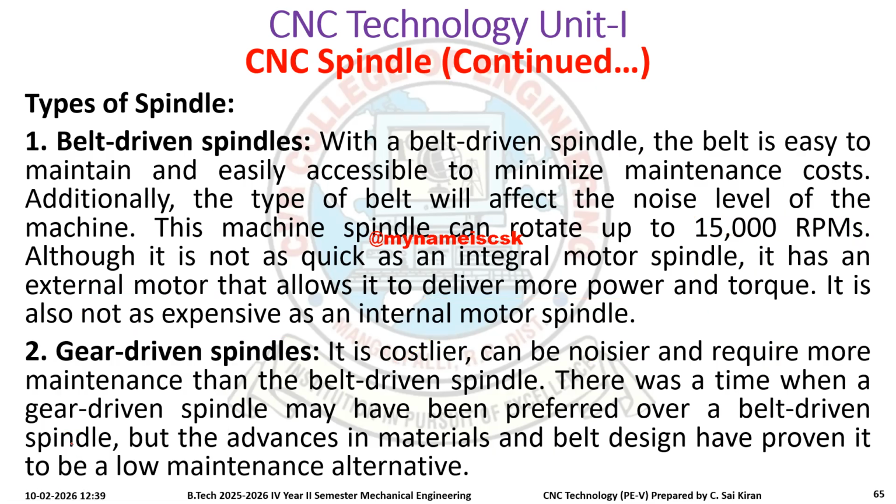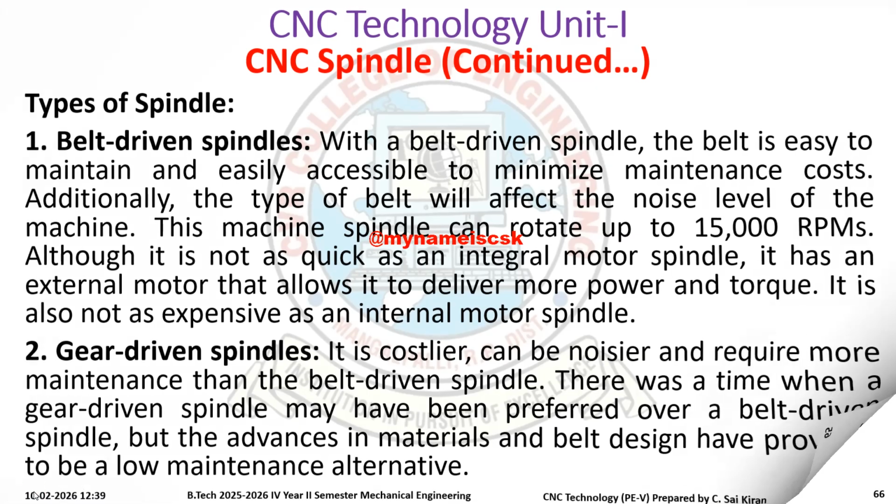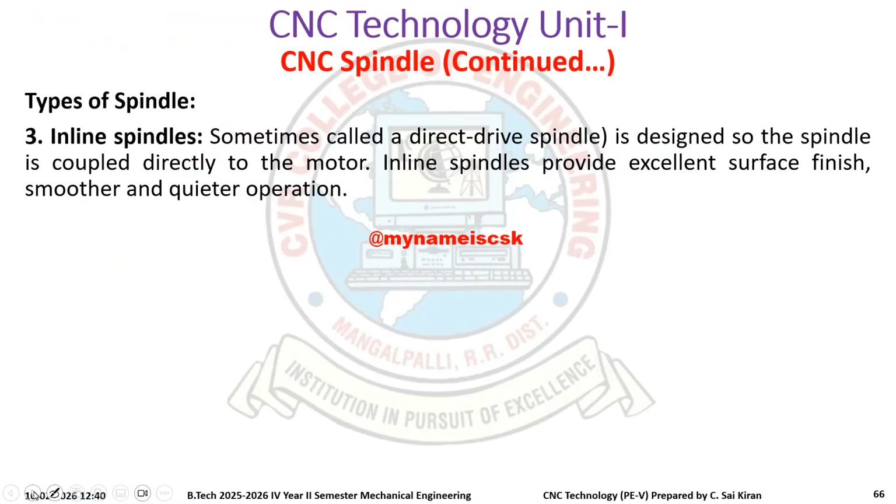So initially we used belt drives, but belts broke or sagged, so we shifted to gear driven. But nowadays again we are going back to belt driven because of the latest advances in belt material. There's a very good belt material, so for low maintenance also we use the belt driven, and manufacturing of the gear is very costly.